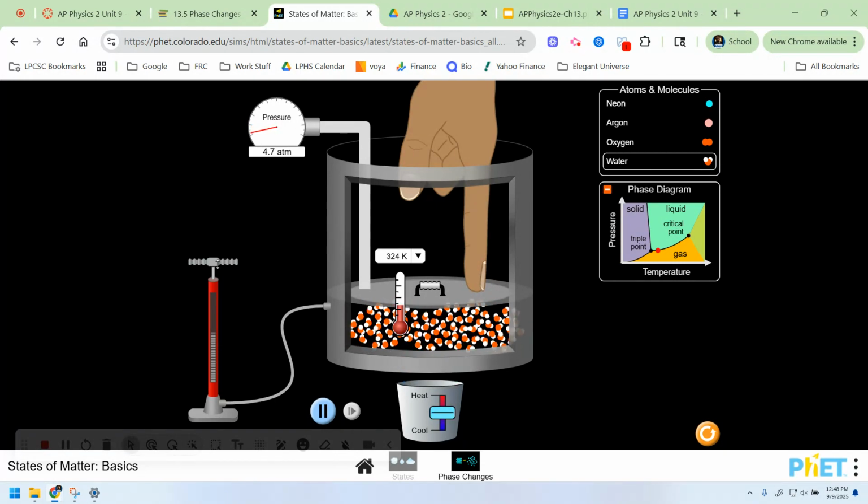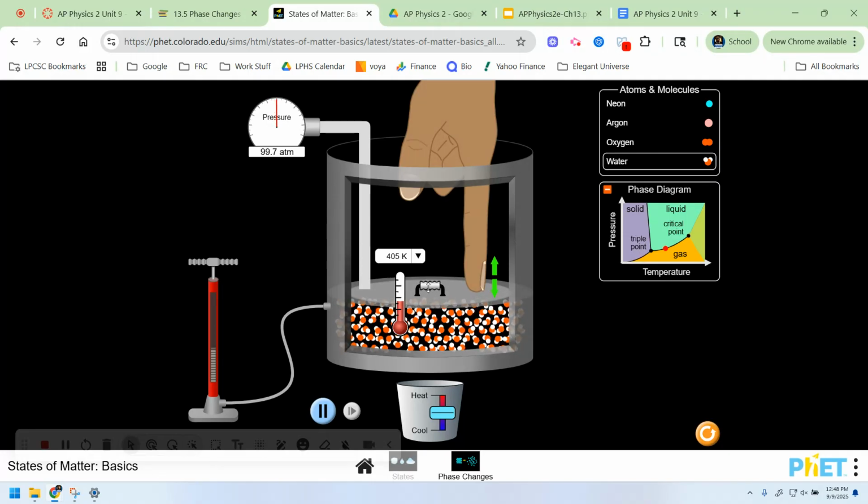But if I increase the pressure, right? If I increase the pressure, so now I've really cranked the pressure up. But it's still riding this liquid-gas border because it's kind of in an equilibrium.